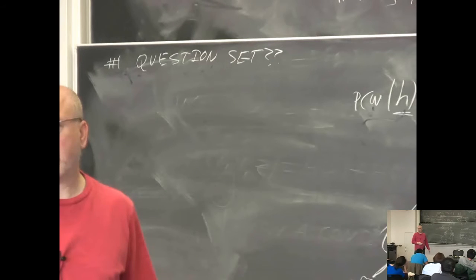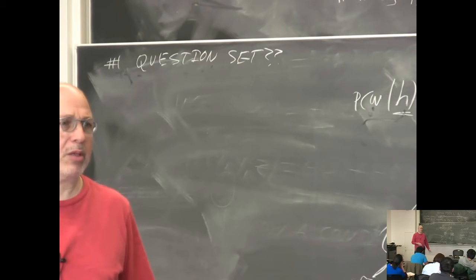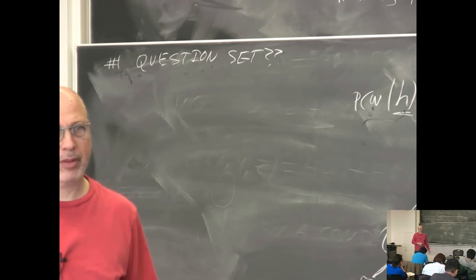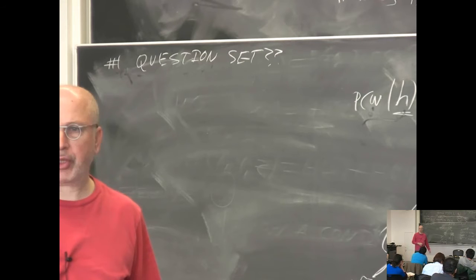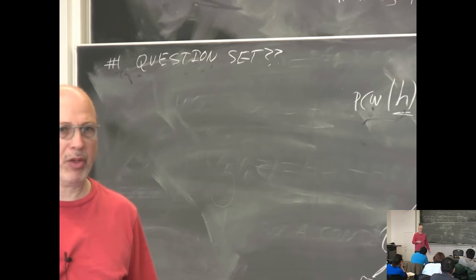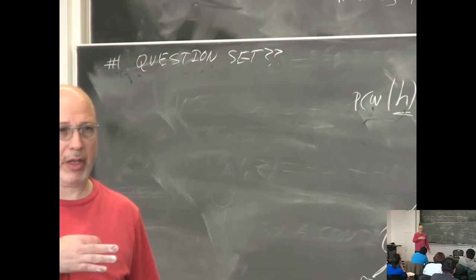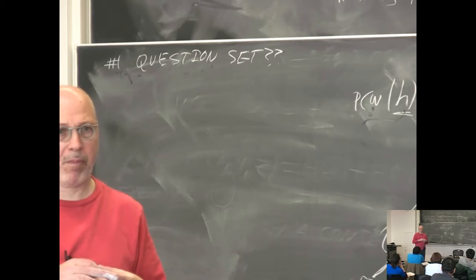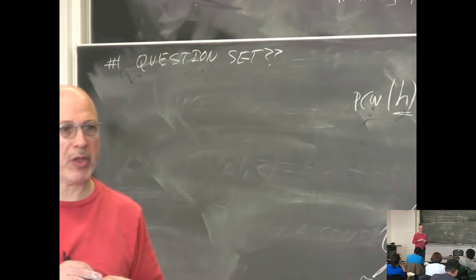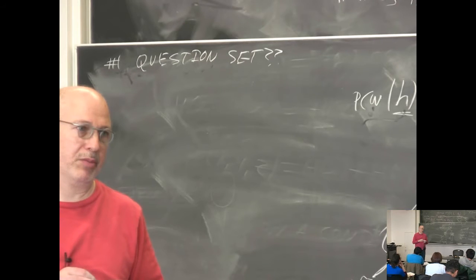How many questions are there? How many possible questions are there? Remember that a binary question, whose answer is yes or no, is effectively a binary function that maps all inputs, some of them to yes and some of them to no. So the question of how many questions there are is tied to the question of how many inputs there are.